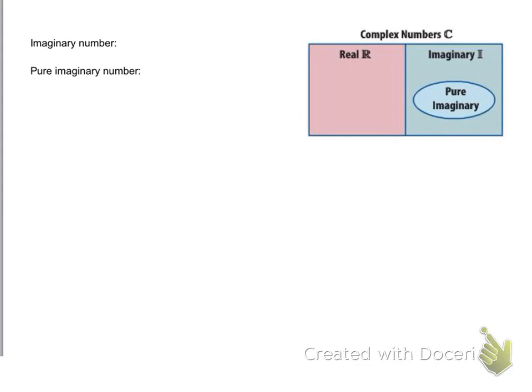Give me an example of a pure imaginary number. 7i. 7i is a purely imaginary number because it has i, but it has no real part. If it doesn't have a real part, it's strictly purely imaginary.